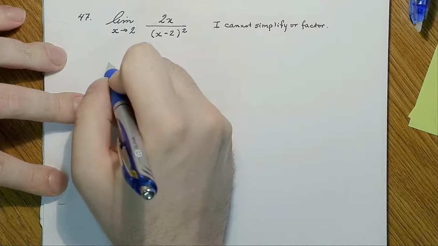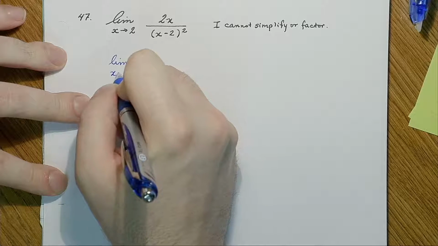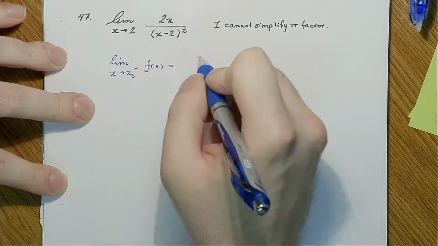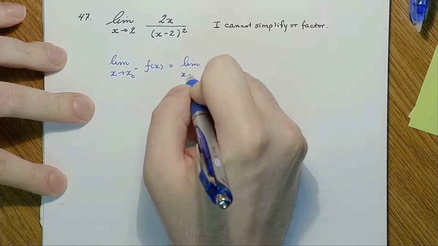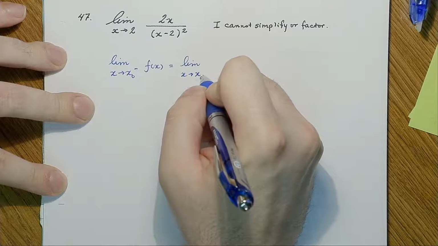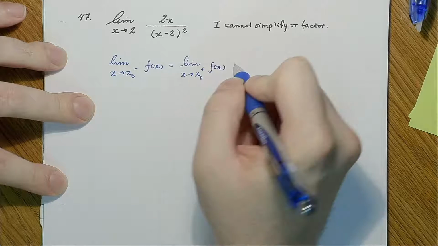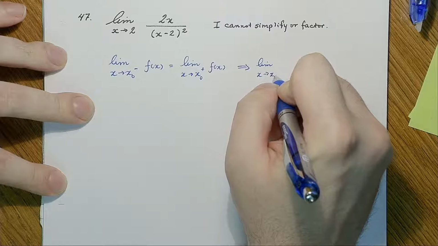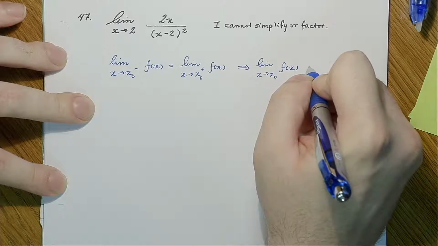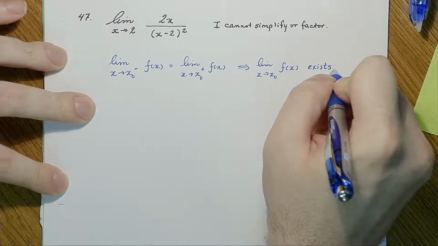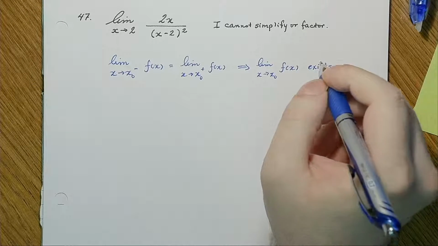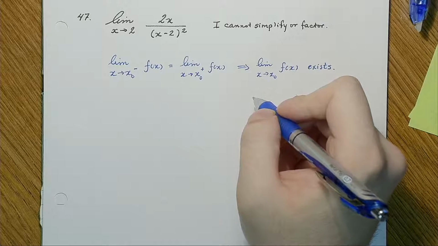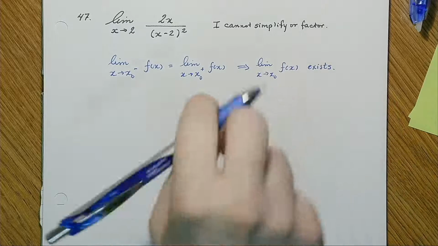If the left and right limits are equal, that shows that the limit exists. And if they do not equal, then the limit does not exist. That's correct. Yep.